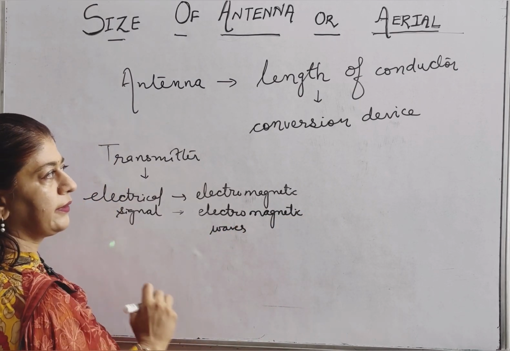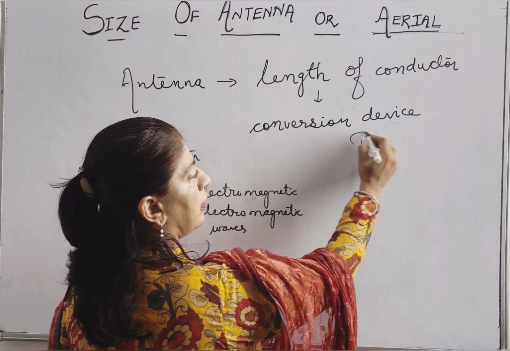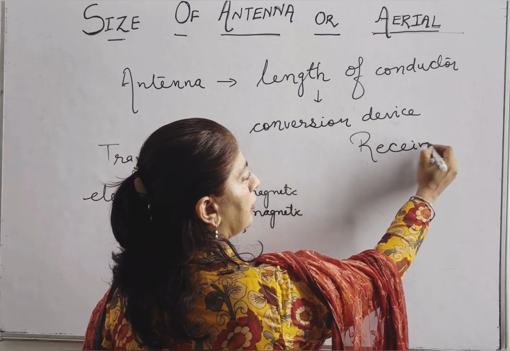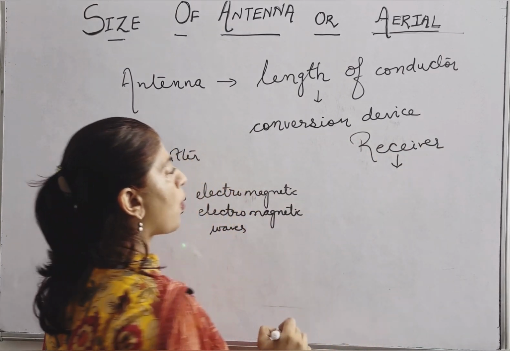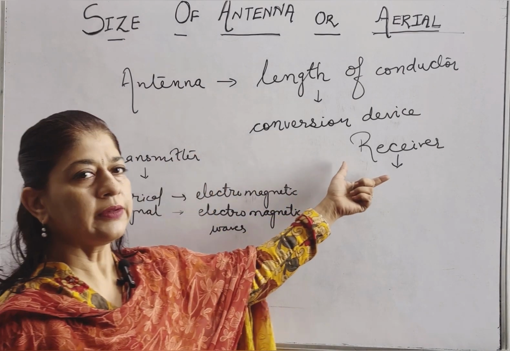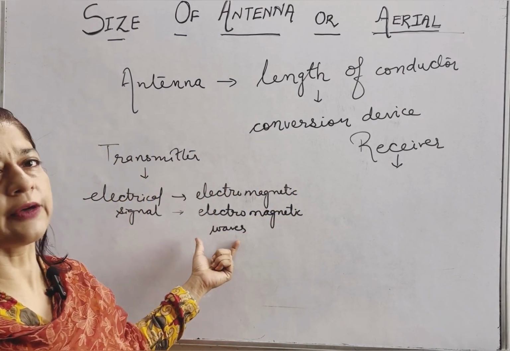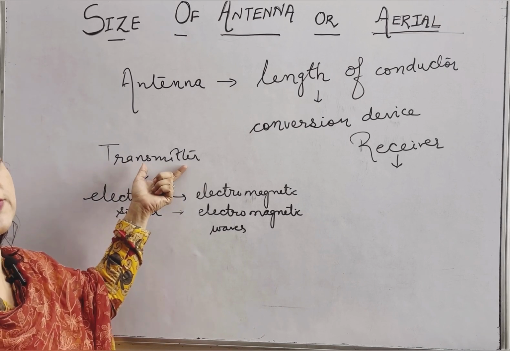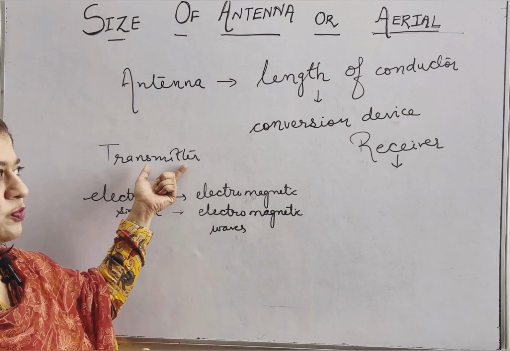On the other hand, at the receiver, the opposite is going to happen. At the receiver end, the antenna receives these electromagnetic waves that are sent by the transmitter into the free space.